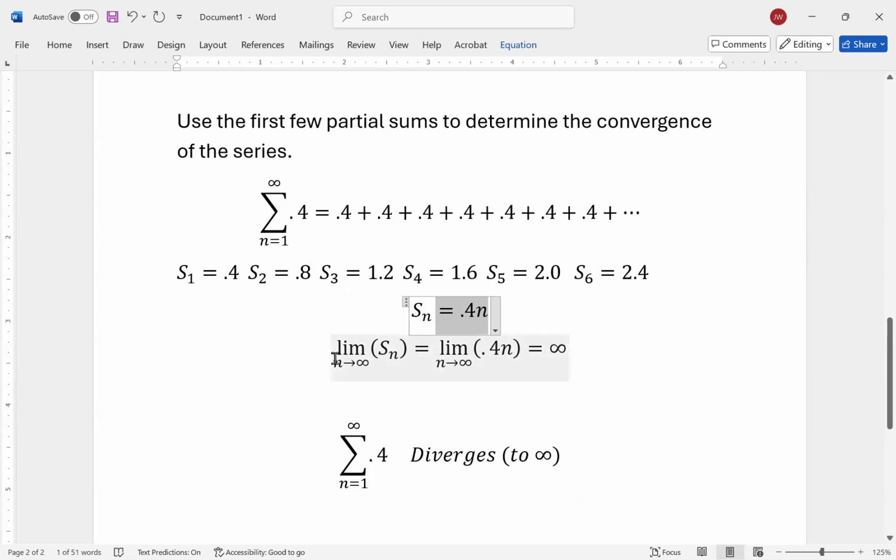Therefore, the limit of that sequence diverges. Therefore, the summation that I was looking at also diverges. Again, in this case, some people would say just diverges. That's what I tend to say. Other times you'll see people say that this infinite series diverges to infinity.